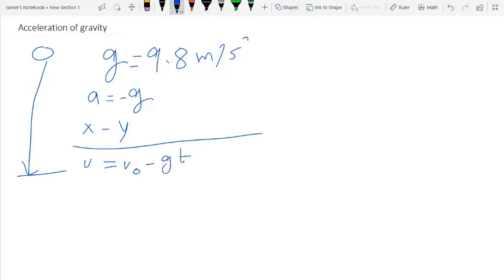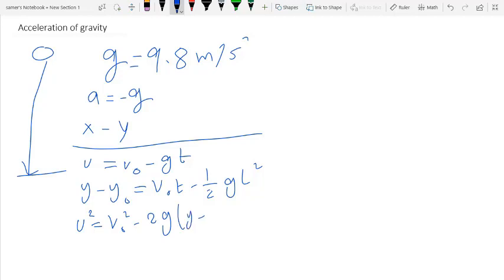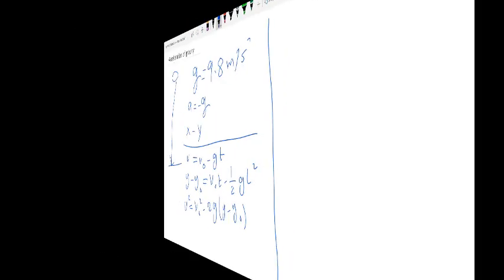The second equation will be y minus y0 equals v0 t minus 1/2 g t squared, and the third equation will be v squared equals v0 squared minus 2g (y minus y0). And we apply these equations in the same manner that we apply the equations of motion with constant acceleration discussed in the previous sections.